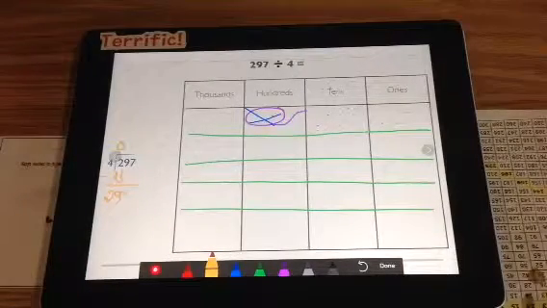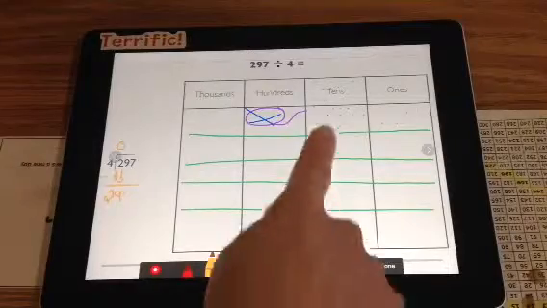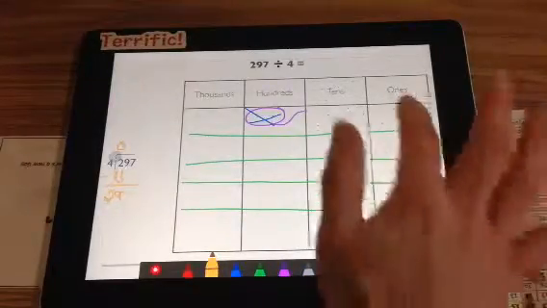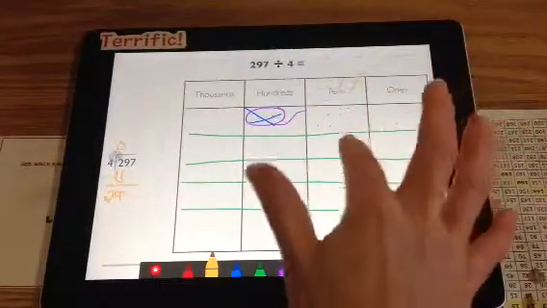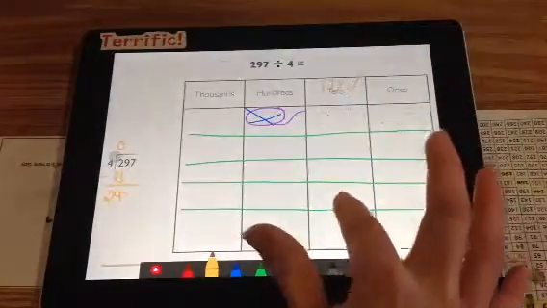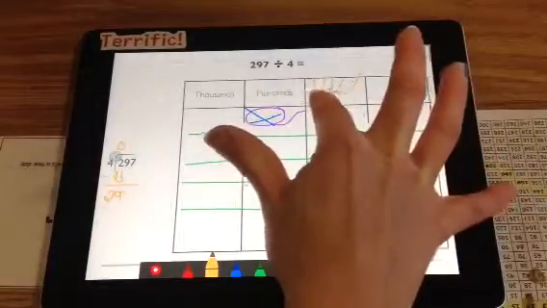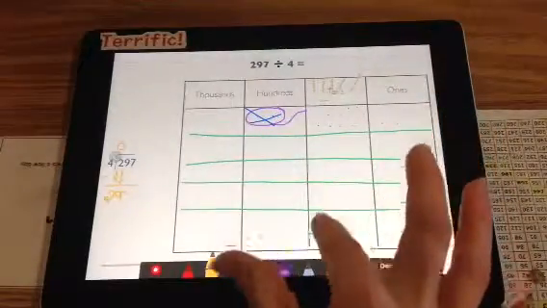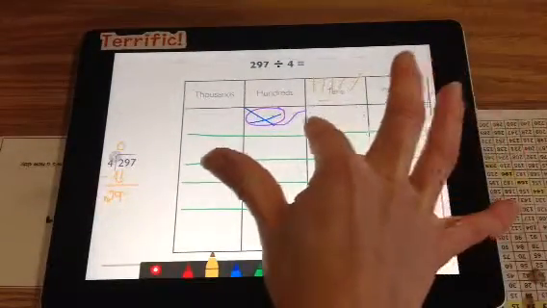So now I need to pass them all out. I'm going to pass them out quickly because I don't want to waste your time. I know I have 4 groups, so I'm going to go in groups of 4. You can obviously take your time and do as many as you need to at whatever speed works for you.